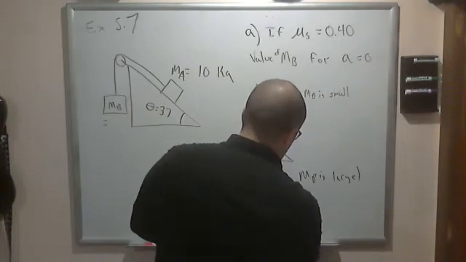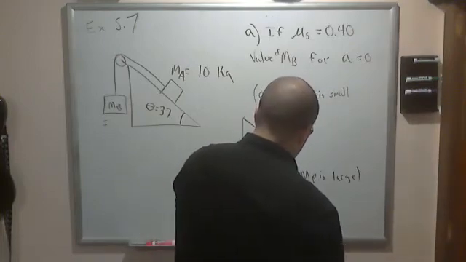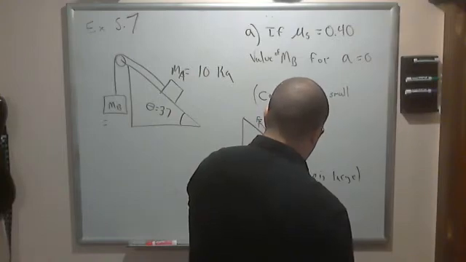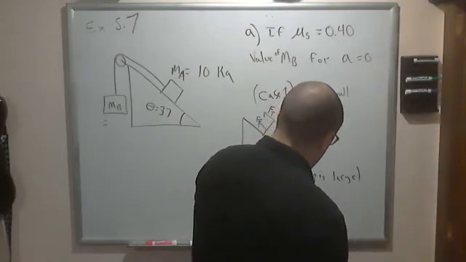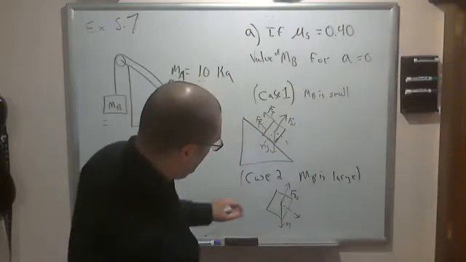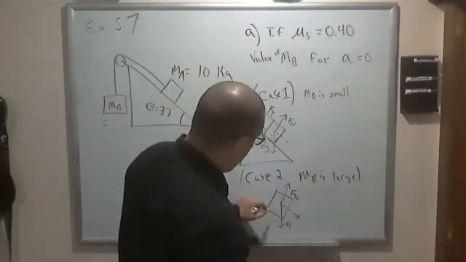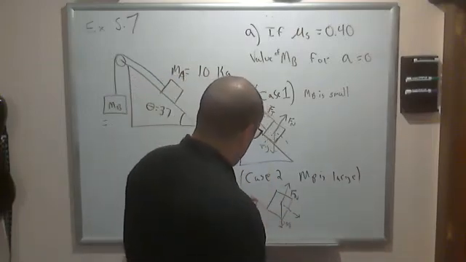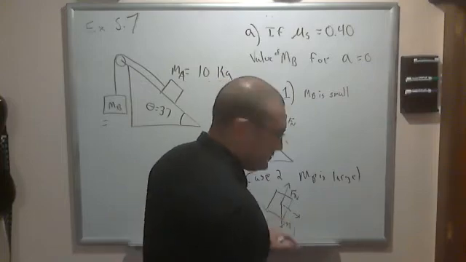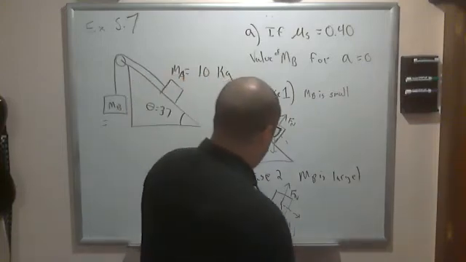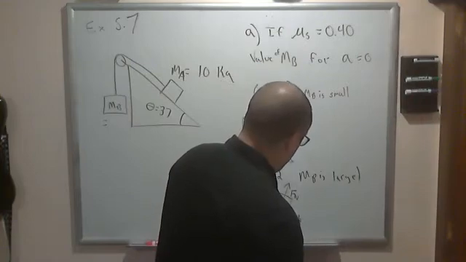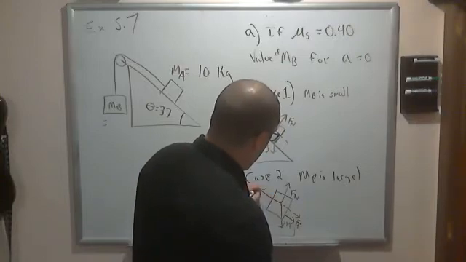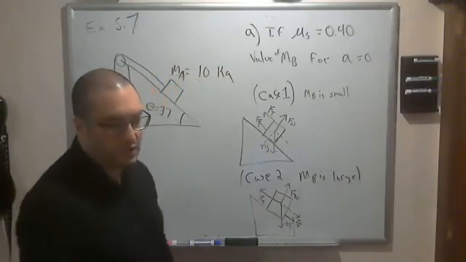Then we have gravity, Mg. And then in this case, since it's moving upwards, the force of friction is in the same direction as gravity, and then we have the force of the tension, which of course is going to be larger.